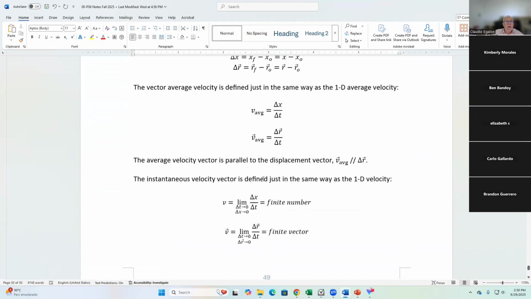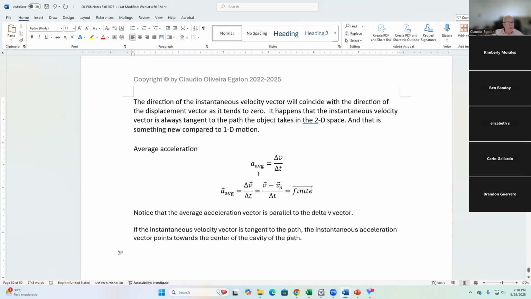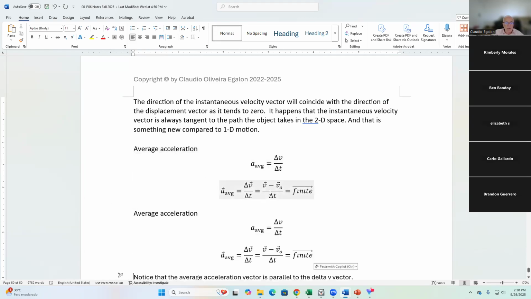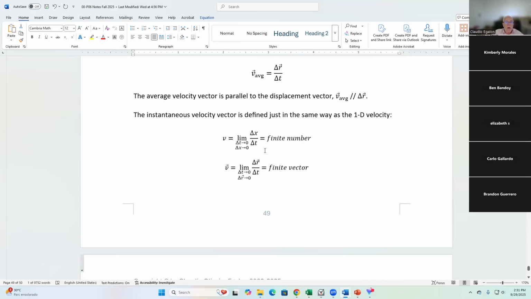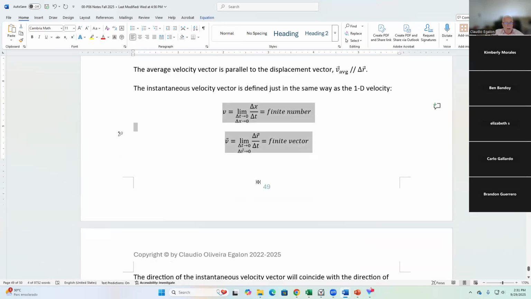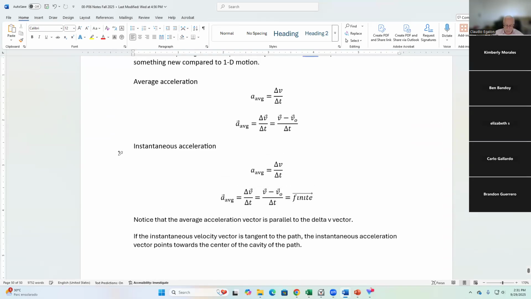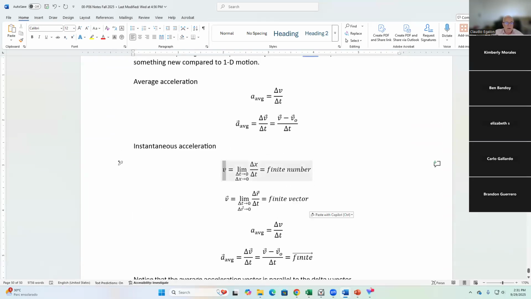Average acceleration, let's see. I have to organize it better, right? So let's see what I see right in here. Average acceleration. I don't need to say it's finite. Now I have to go to instantaneous acceleration. I will take advantage of this instantaneous acceleration vector.